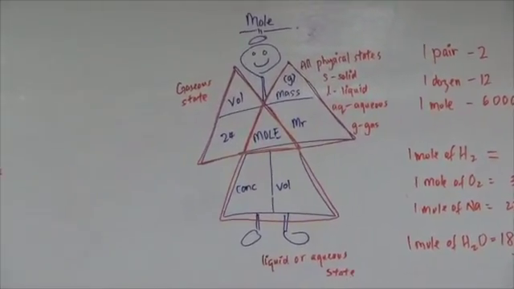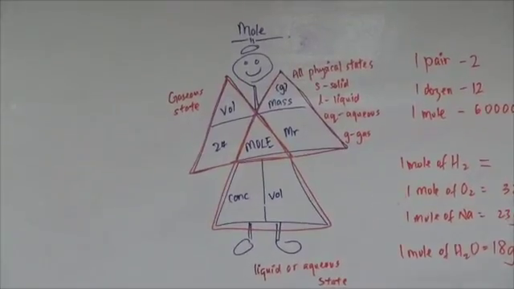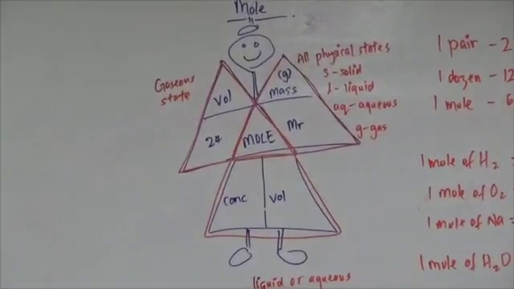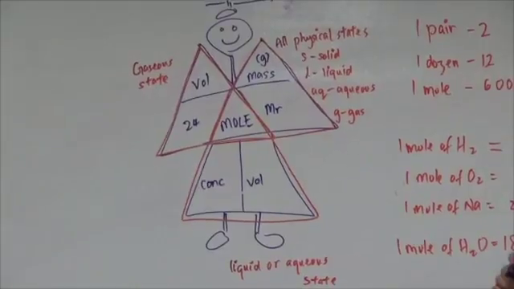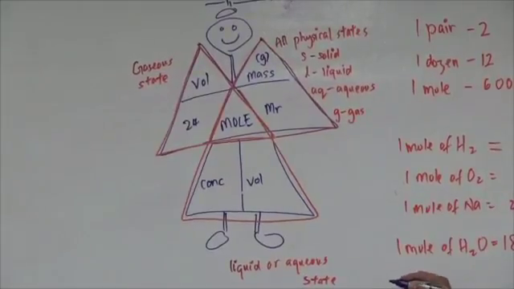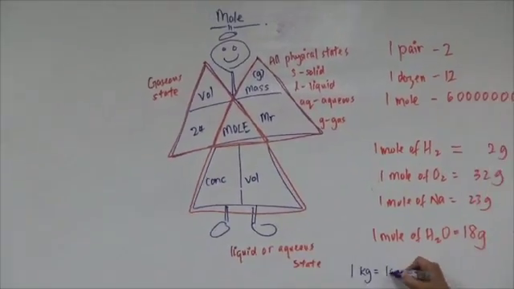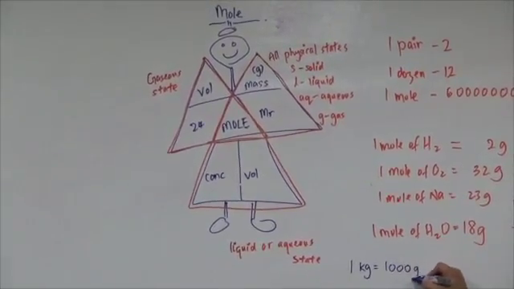And for those of you who have not learned the conversion of units, because I haven't really taught it in physics, maybe it's good to write it down: 1 kg is equal to 1,000 grams. 1 ton is equal to 1,000 kilograms.